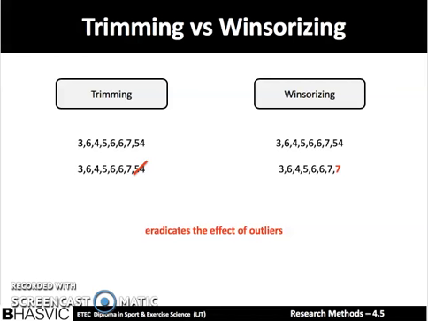Trimming is basically just removing the outlier as a whole from your data and just using the rest. So you can see that we've eliminated 54 here. And Winsorizing is where you change the outlier to match the data. So you basically reduce it or increase it so it's similar to the data.